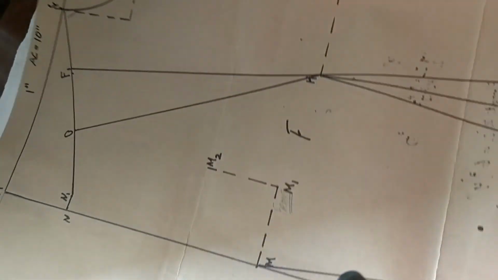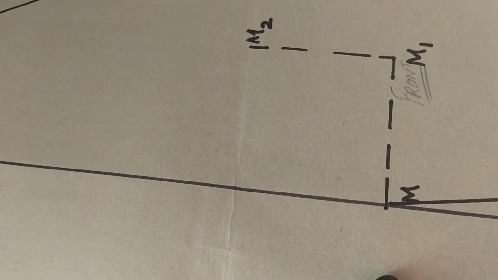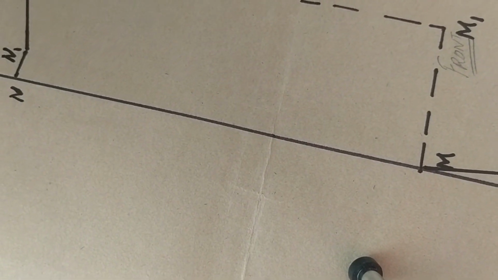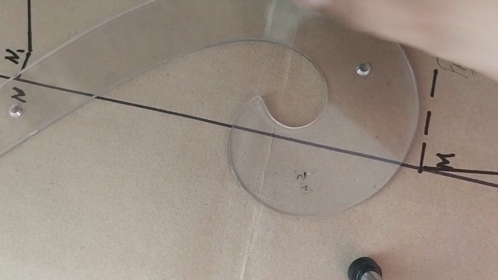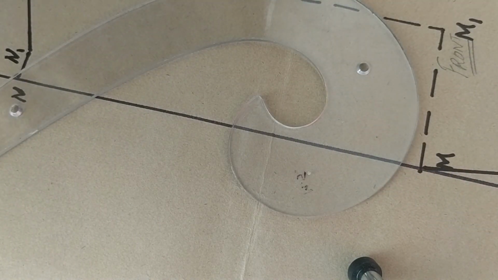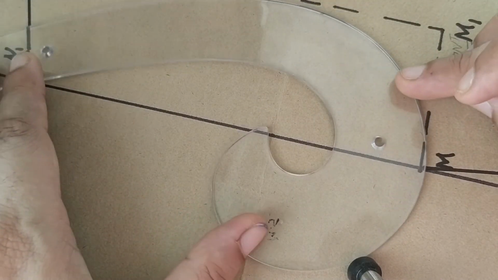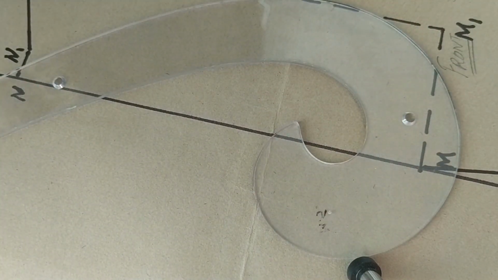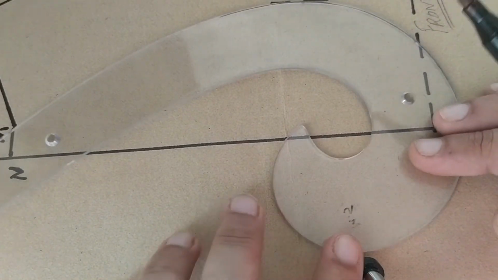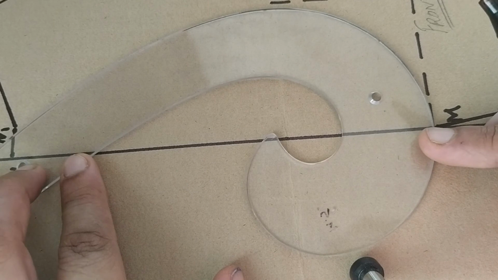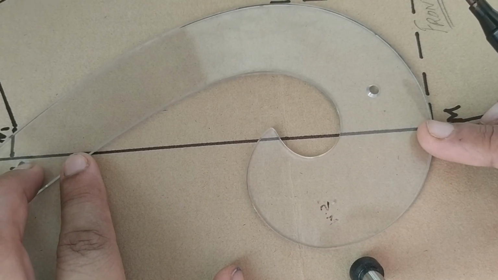Now the next step is to do the armhole curve for the front. So how do we do the armhole curve? We will be taking help of a French curve. This is a French curve. You will be needing this for the neckline curves and the armhole curve. So my M1, M2 would act as my guidelines, and I will try and draw the curve keeping these guidelines in mind.